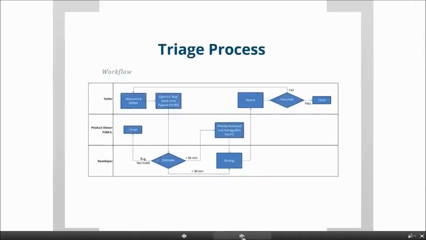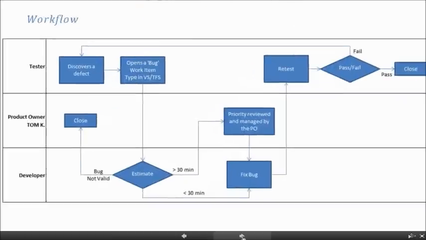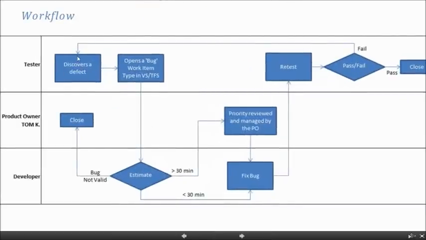So our triage process looks like this. Starting with the tester. The tester discovers a defect. He opens a bug, and then it goes to the developer. That developer will estimate the bug. If the bug takes less than 30 minutes, then he fixes the bug and it gets retested.